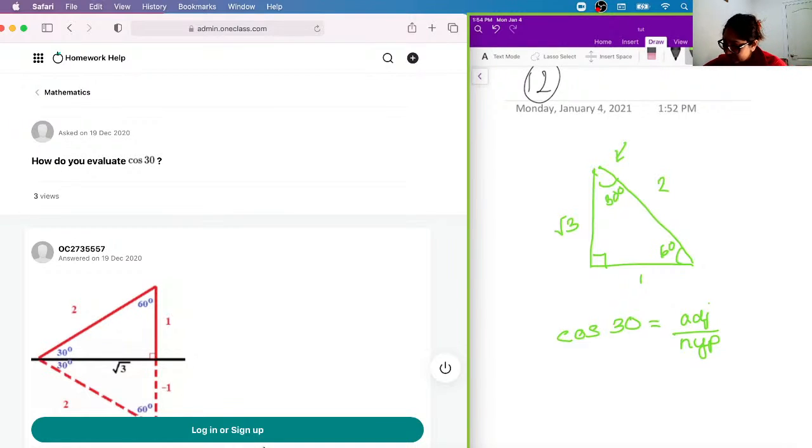So when we're looking at this angle, cos of 30, we're looking at the adjacent side, which would be this, and your hypotenuse is this. So basically cos 30 is adjacent over hypotenuse, so root 3 over 2. And so this is your answer.